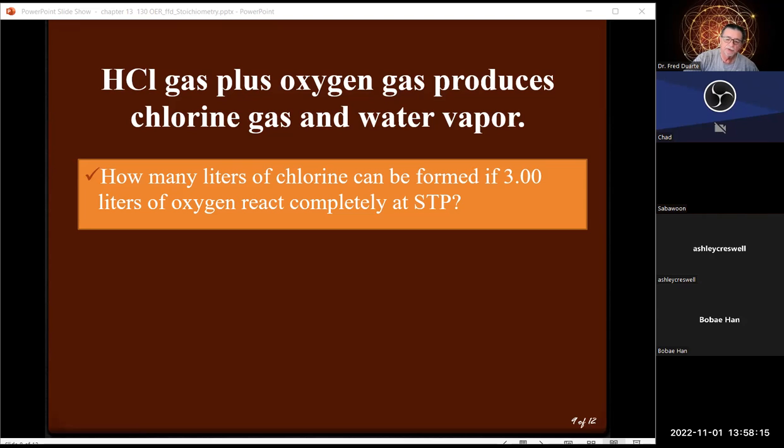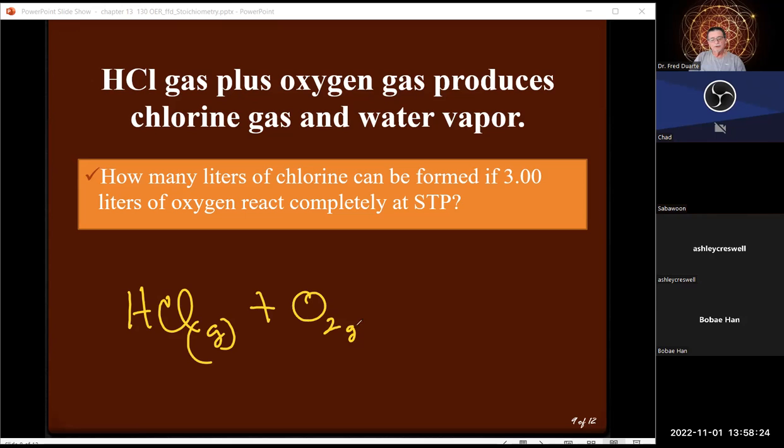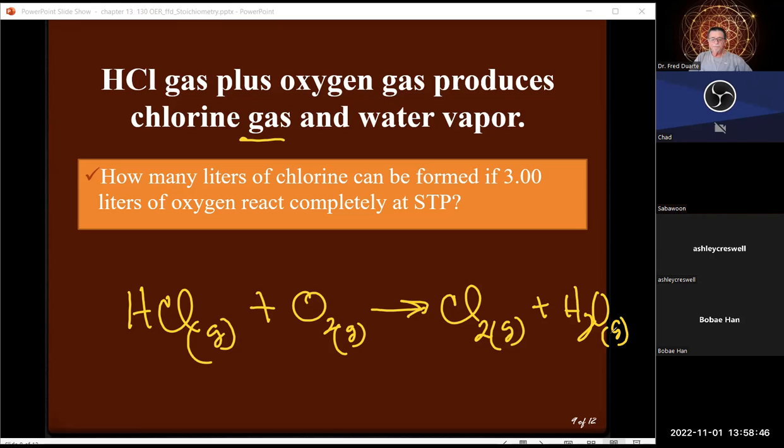HCl gas, hydrogen chloride, plus oxygen, O2, which are gases, produce, which is my arrow, chlorine gas, keyword chlorine gas, which is the diatomic, plus water vapor, H2O.